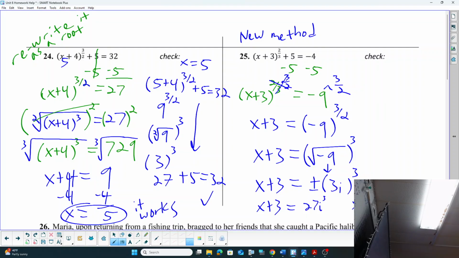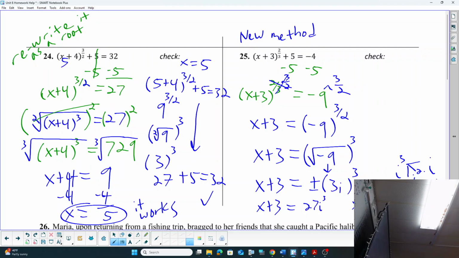So x plus 3 equals, let's see, i to the 3rd power breaks down into i squared times i. And i squared is negative 1, so negative i. So that'll basically be negative 27i is what that becomes. Wow, this is crazy. Or a positive.